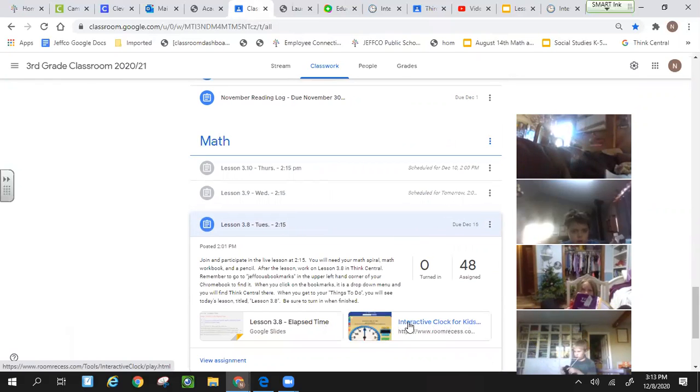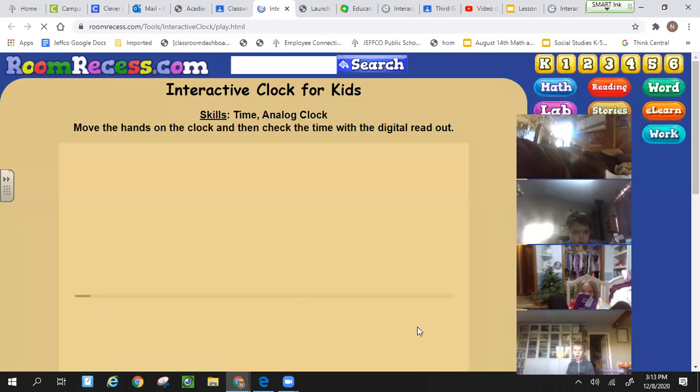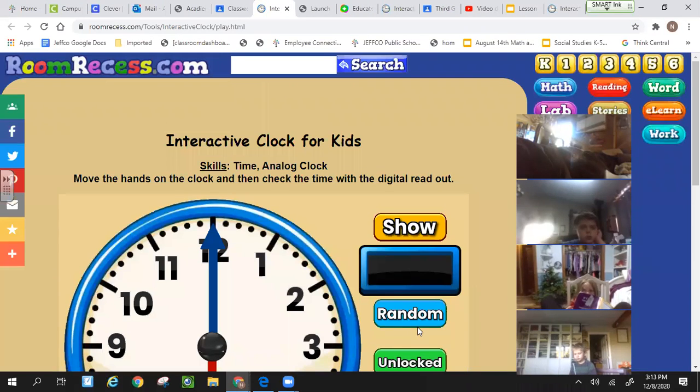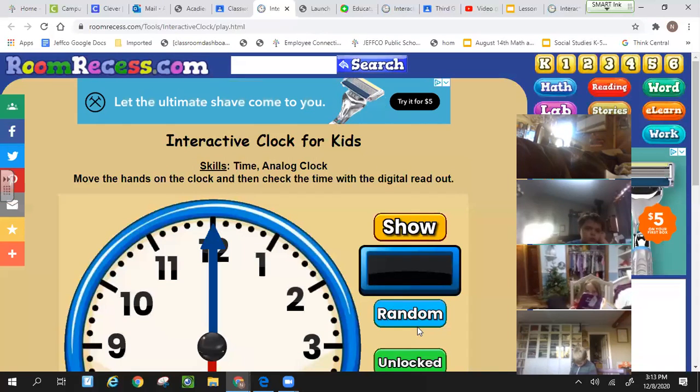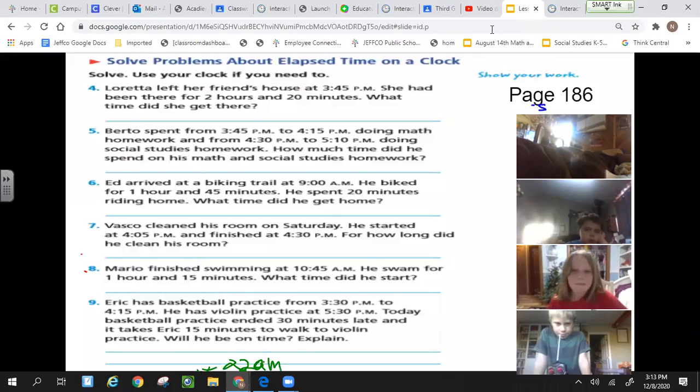It says interactive clock for kids. So Robert, do you see that? You can click on that and it'll open a tab so that you can just go to it. So you might want to do that at the beginning of math tomorrow, and then you'll have it up and ready. So back to our question.